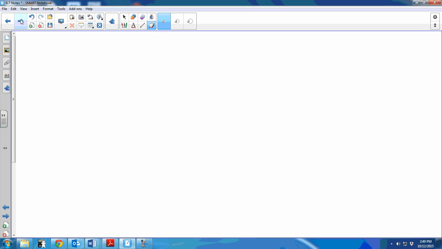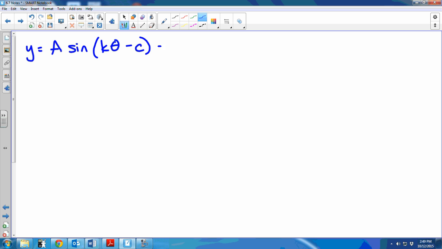So since we've been on fall break, let me remind you of some things. This was the general equation for sine or cosine, right? And we graphed in a kind of a specific order, and you didn't have to, but it was kind of a guideline to help you out. So if you remember, the first thing we did was we found the vertical shift, which was h.